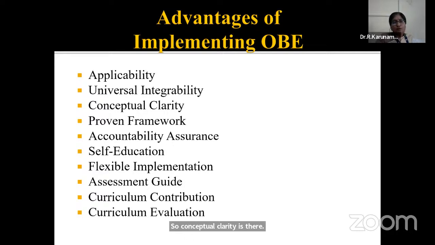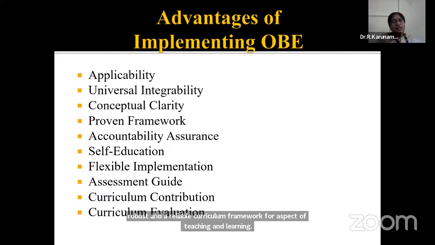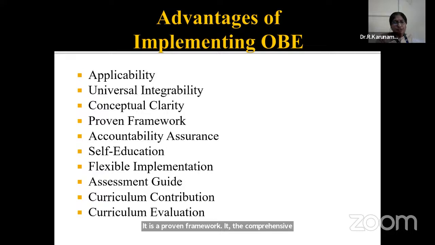This method offers a robust and reliable curriculum framework for effective teaching and learning. It is a proven framework. It unifies the comprehensive curriculum and prevents confusion. OBE holds the entire curriculum together, and it makes the curriculum a very standard one.